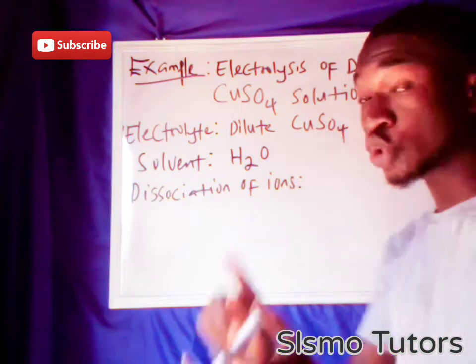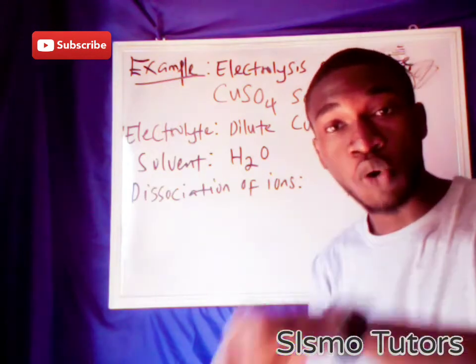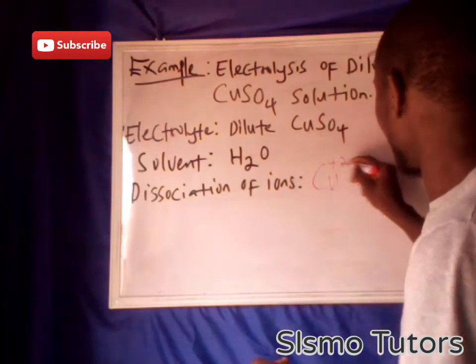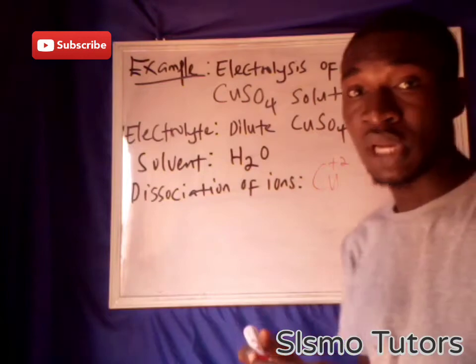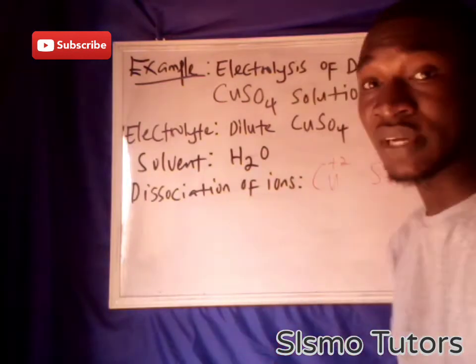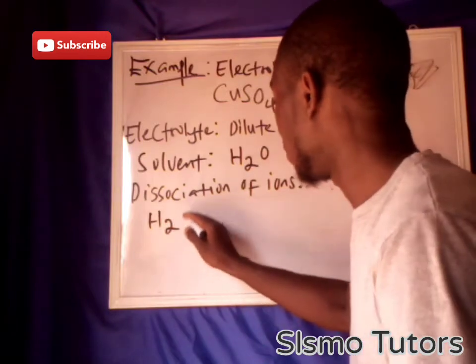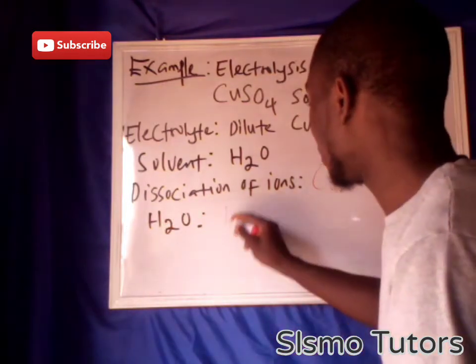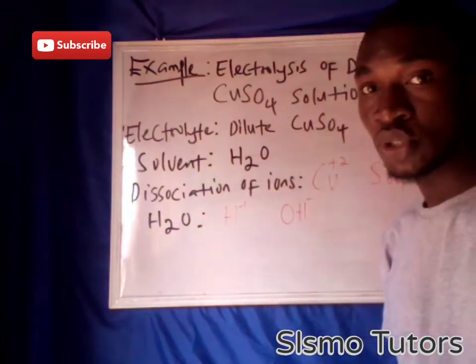The copper sulfate solution will dissociate into copper ion, Cu2+, and the sulfate ion, SO4 2-. And our solvent, which is water, will as well dissociate. We have H2O, which will dissociate into the hydrogen ion and the hydroxide ion.